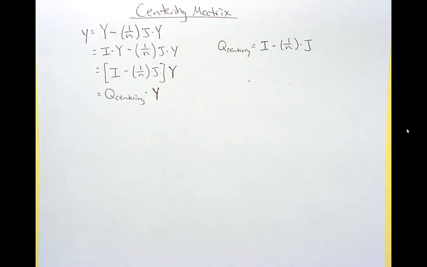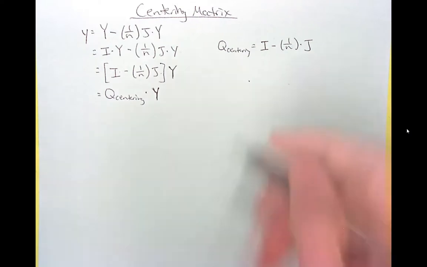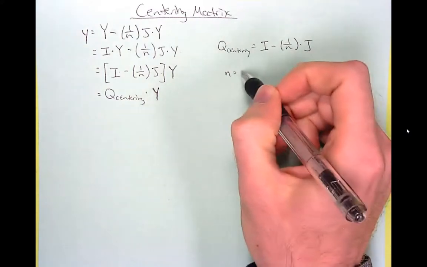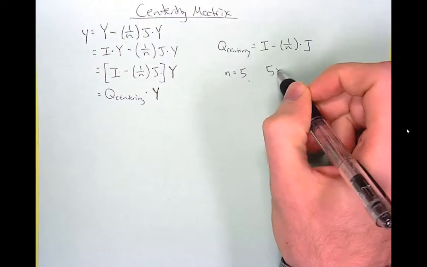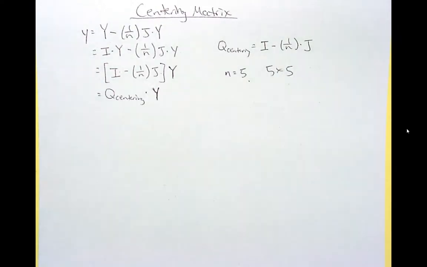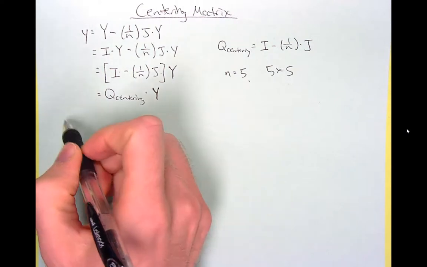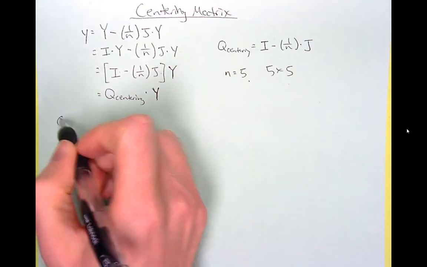So in the examples we've been doing, we've had a Y that was 5 by 3, and so our order is n, and Q will actually be a 5 by 5 matrix.